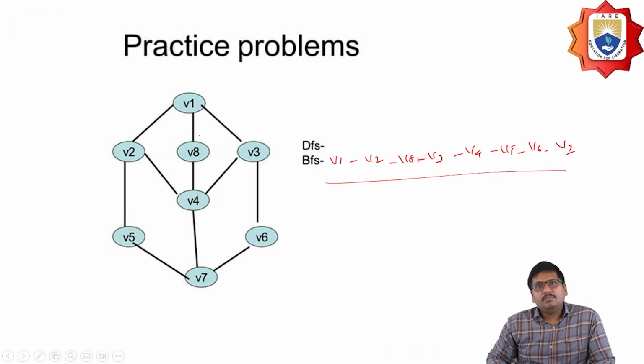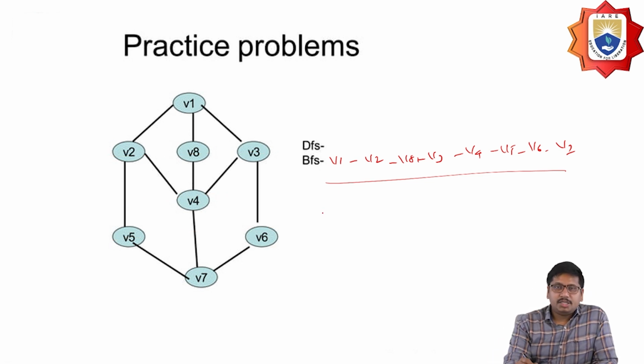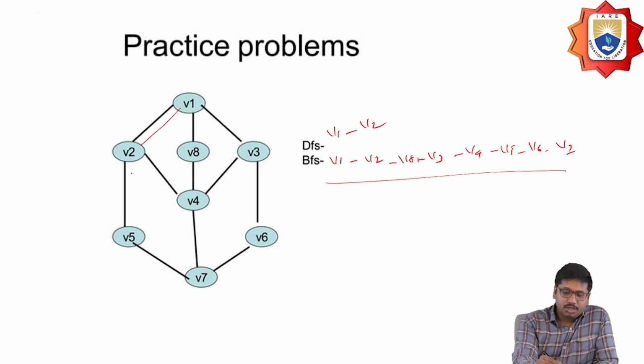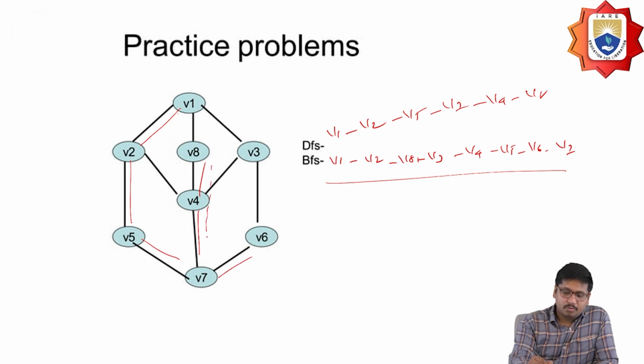Like this, I can simply draw the BFS order of this graph. And DFS means that first I'm going to consider V1, V2, V5, V7, V4, and V8. Again, I have to come back by backtracking, V6 and V3.